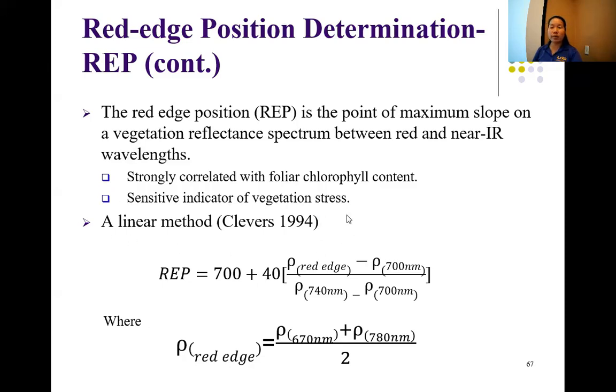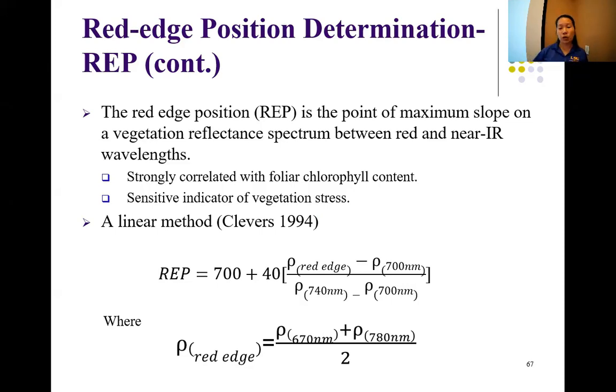One method is the one published by this paper, Clevers 1994. Using this method over here, you have the red edge band and 700 nanometer, 740 nanometer. This one is also 700 nanometer. In this case, the red edge band, this one over here, looks like it's not in the original spectral bands, but they can calculate it using this 670 nanometer plus the mean of this 670 and 780 nanometer.